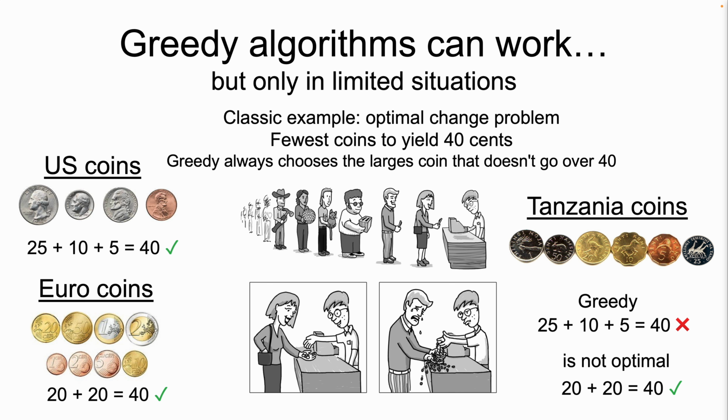So think, how would you make change for 40 cents? You would give them a quarter, a dime, and a nickel, right? That is the fewest coins you can give a person and make 40 cents. It works with European coins as well. They get it more efficiently because they've got a 20-cent piece, so they can give you 2 coins.